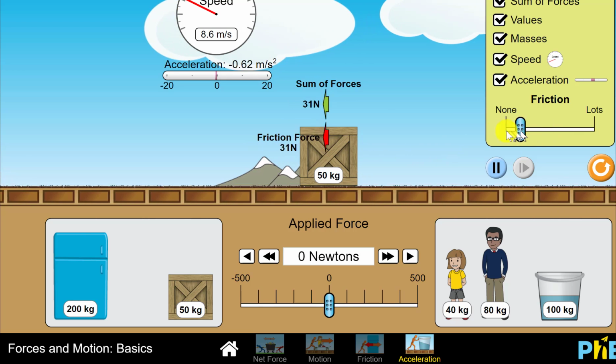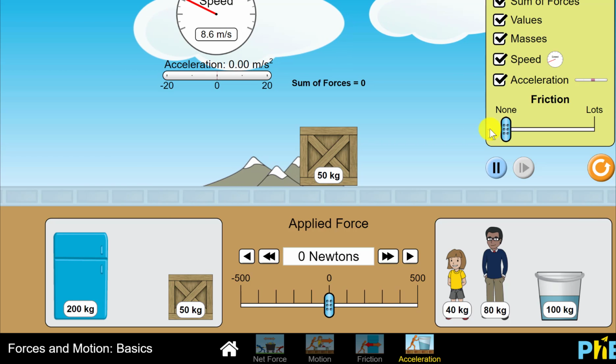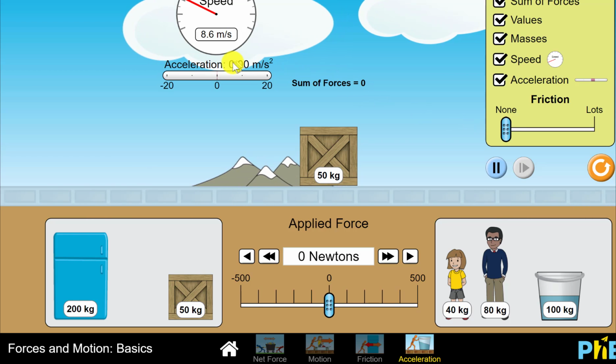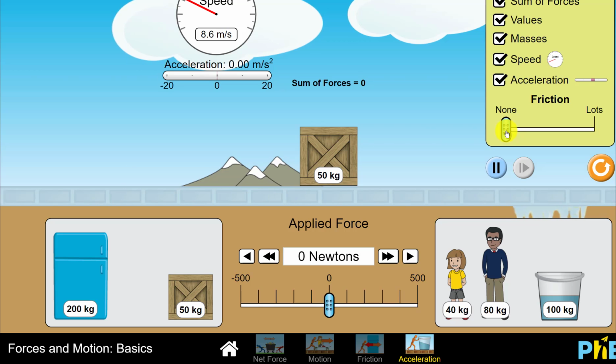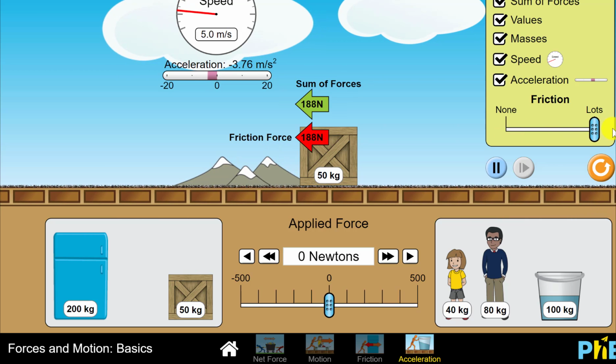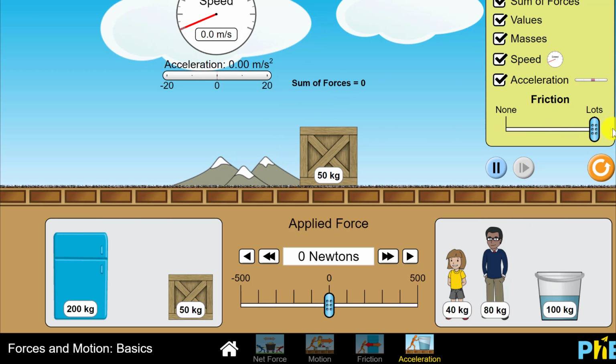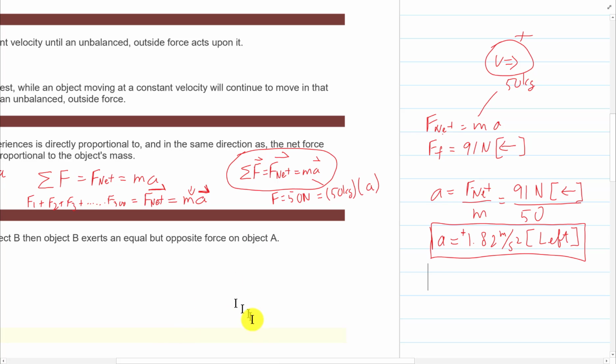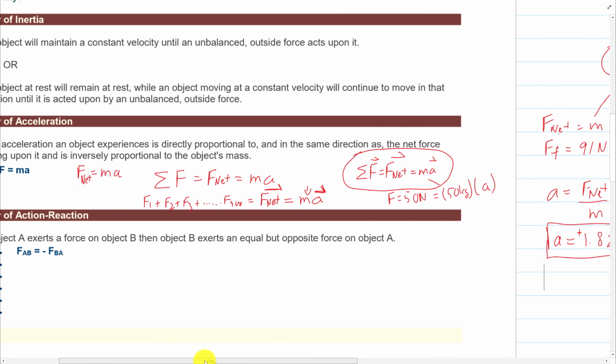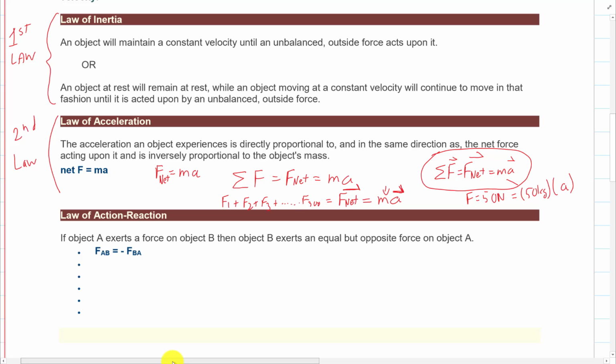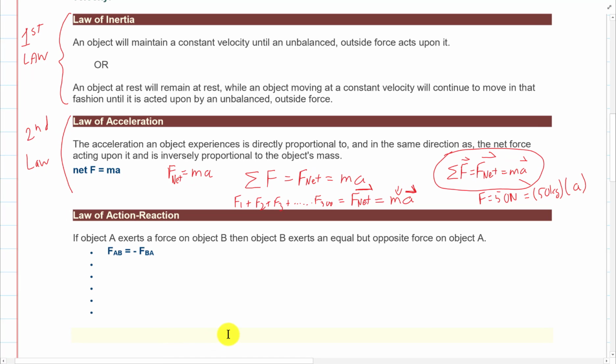And if I play God here and take no friction, the acceleration is 0. Huge friction, 188. It stops really fast. Good. So that's Newton's second law, the law of acceleration, that we can calculate acceleration.